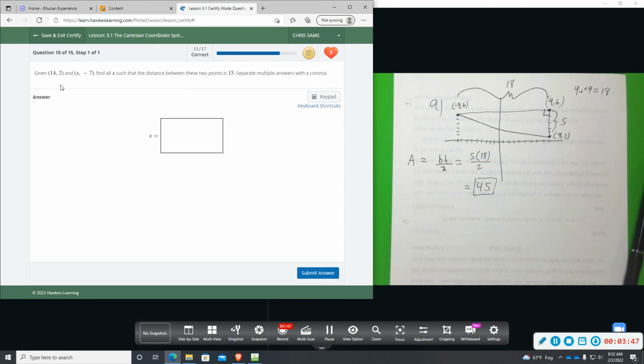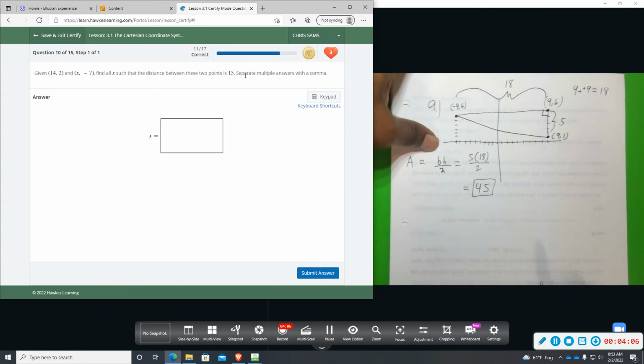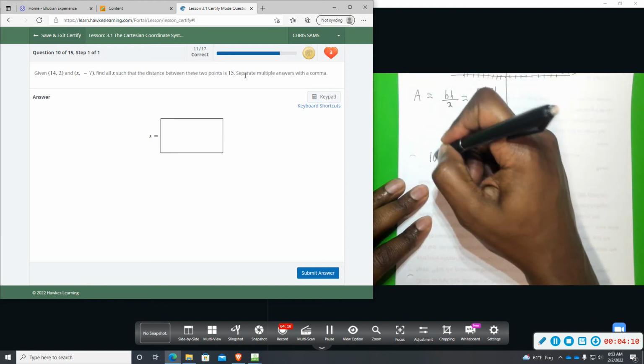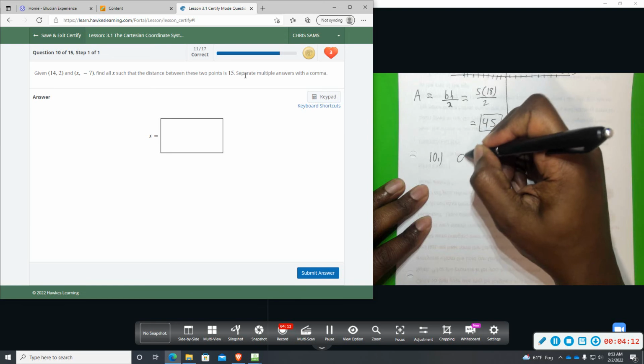Alright, and then number 10, we're given a point 14, 2, and then a point x, comma -7. And we want to find all x values such that the distance between the 2 points is 15. So what we're going to do, we're going to start out with the distance formula.